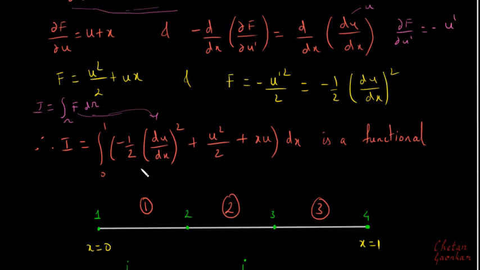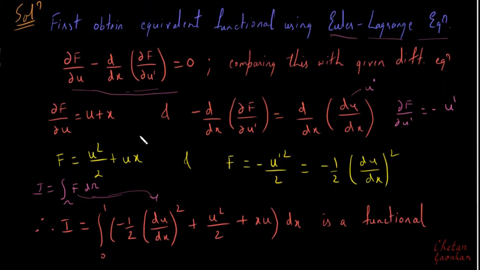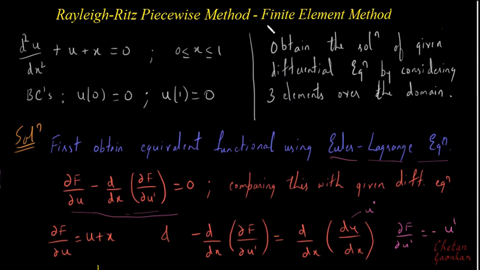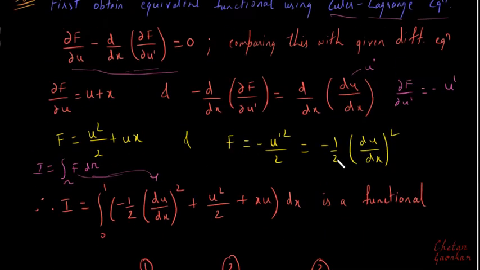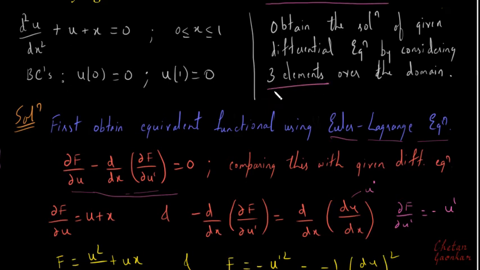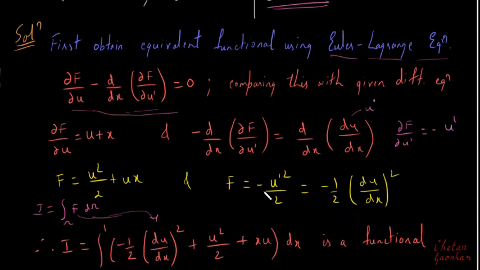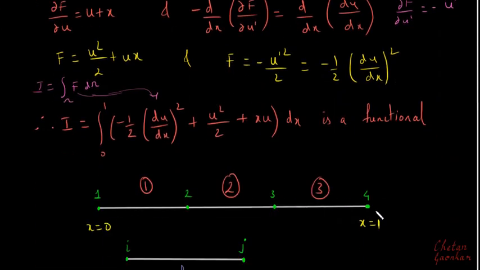Now as we know, this functional is applicable over the entire domain, but since I am solving this using the finite element method, I won't be solving it over the entire domain. What I will do is discretize the given domain into three elements, because they have asked us to use three elements. So I will discretize this entire domain from 0 to 1 into three elements.